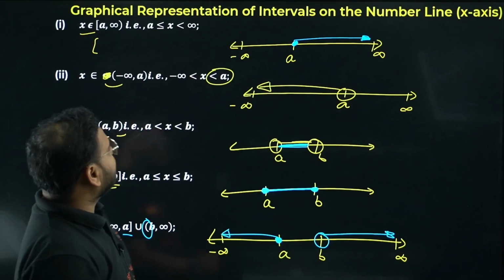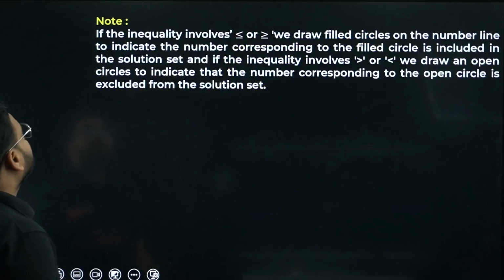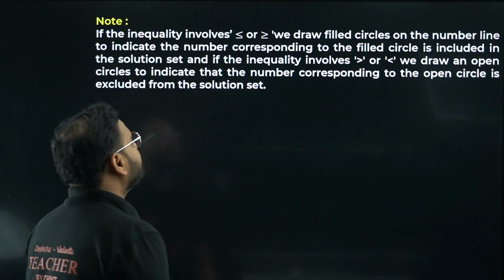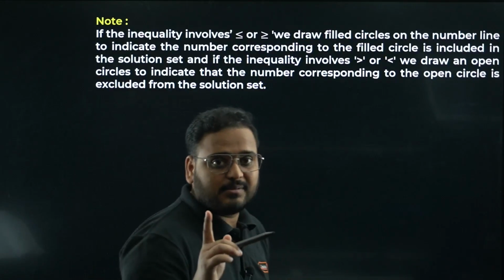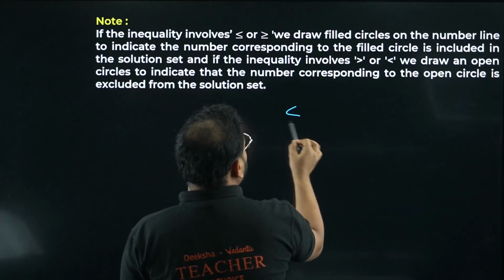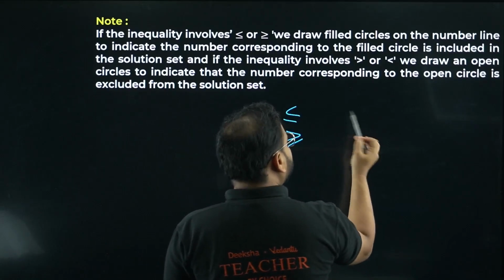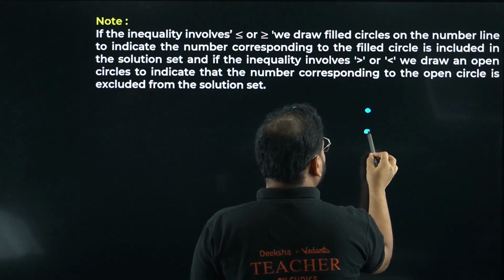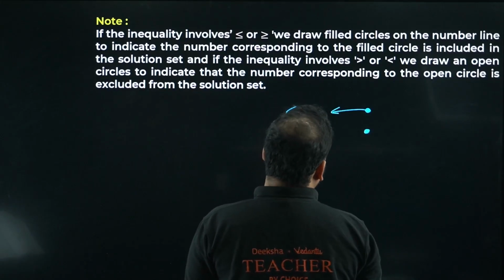Now this completes your graphical representation part. Note, if the inequality involves less than or equal to or greater than or equal to symbol, we draw filled circles. Wherever the point is, we draw a filled circle, either going like this or like this.